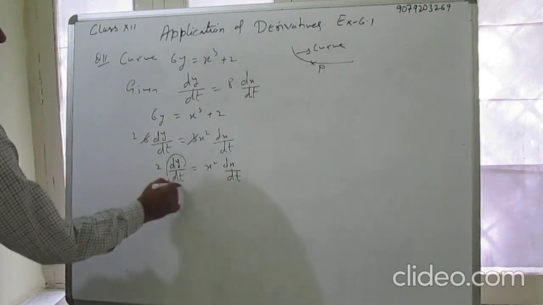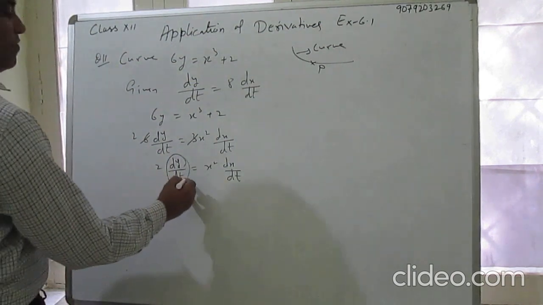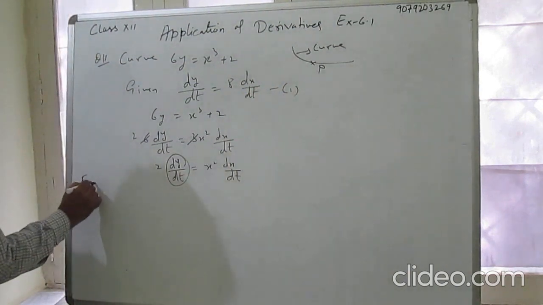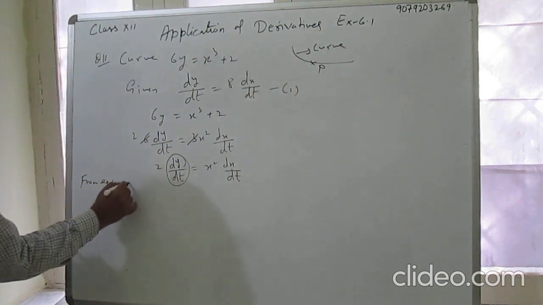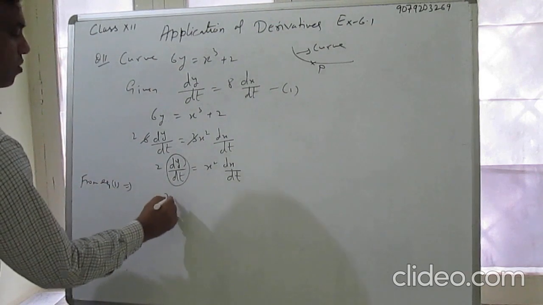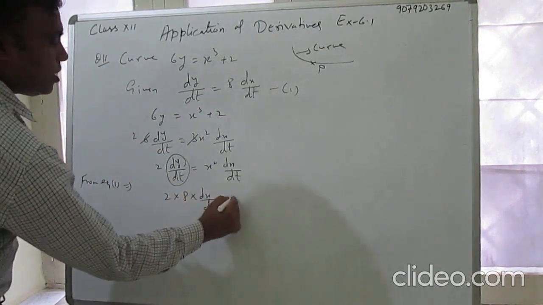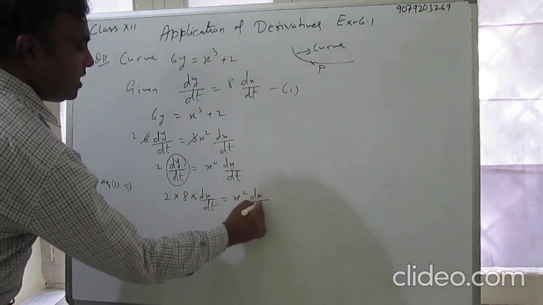Putting the value of dy/dt from the given relation, equation 1, we get 8 into dx/dt is equal to x square dx/dt.